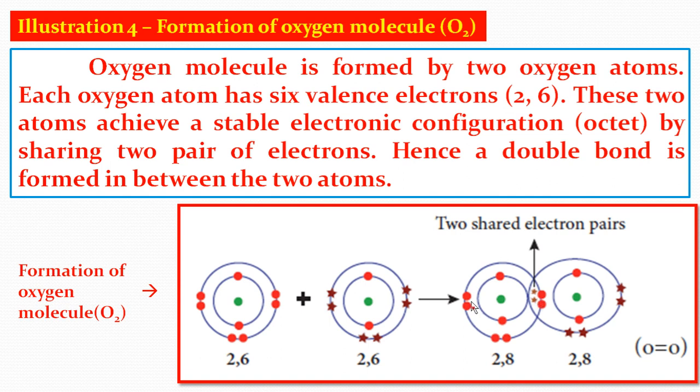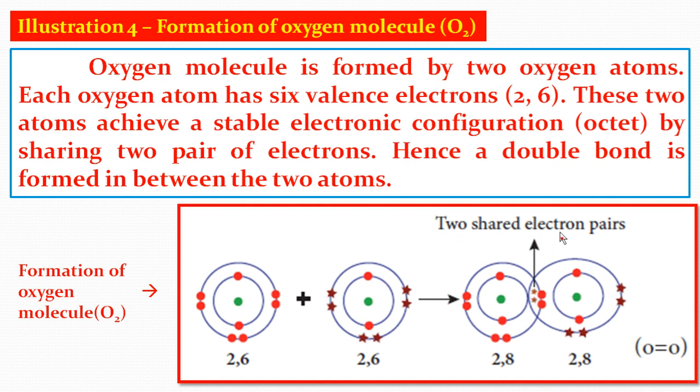Now count the oxygen here: 1, 2, 3, 4, 5, 6, then 7, 8. Totally 8 electrons in the valence shell. Now come to the next oxygen: 1, 2, 3, 4, 5, 6, 7, 8. So both the oxygen atoms achieve the stable octet electronic configuration.